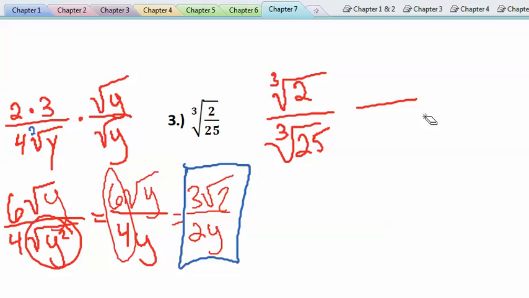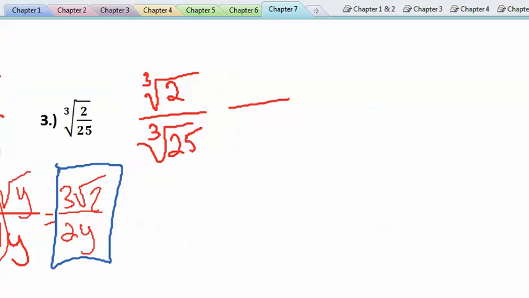Because we're looking for a perfect cube, we need to go to our hopefully handy list of perfect cube numbers. Remember, I told you previously, it's always useful to have this list. So 2 cubed is 8, 3 cubed is 27, 4 cubed is 64, 5 cubed is 125, 6 cubed is 216.